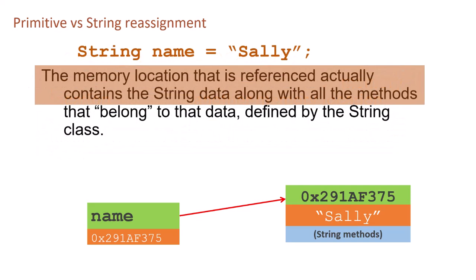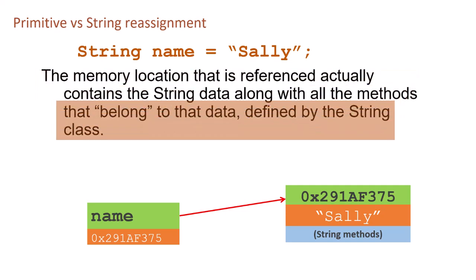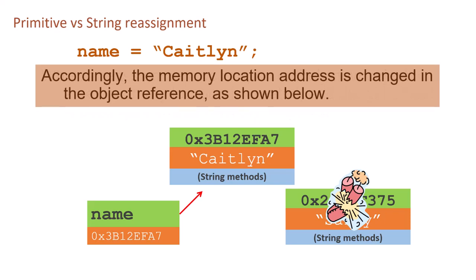The memory location that is referenced actually contains the string data along with all the methods that belong to that data, defined by the string class. When a reassignment occurs, an entirely new object in a new memory location is created and the old object is destroyed and its memory recycled. Accordingly, the memory location address is changed in the object reference as shown below.